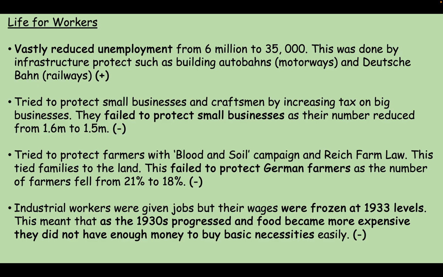Now, if things are becoming more expensive, but your wage is staying the same, you'll struggle to buy basic necessities, your food, your clothes, your heating, your rent. So prices are going up, but wages are staying the same. So actually life became more difficult for workers because things became more expensive for them.